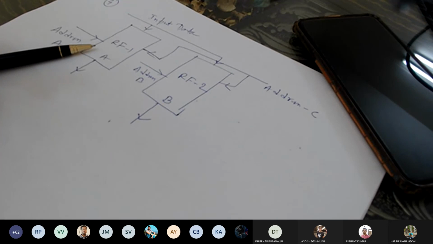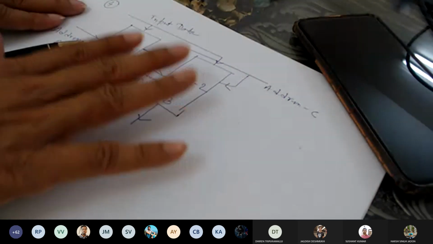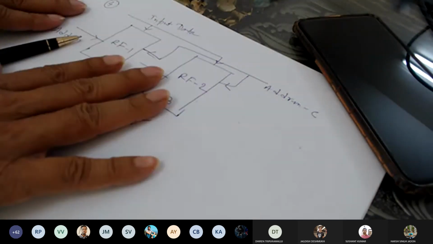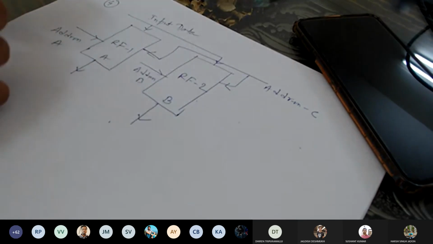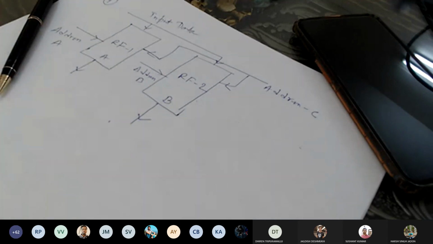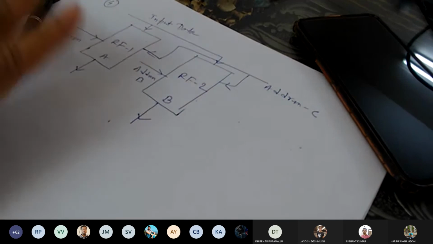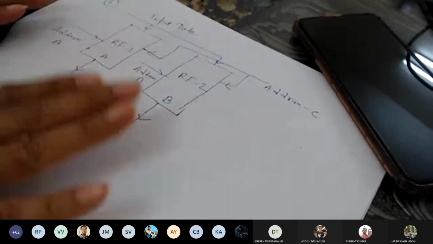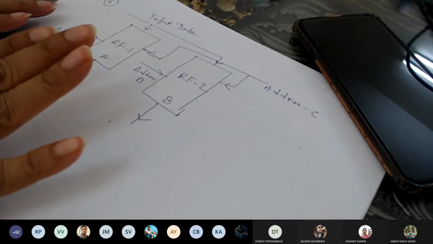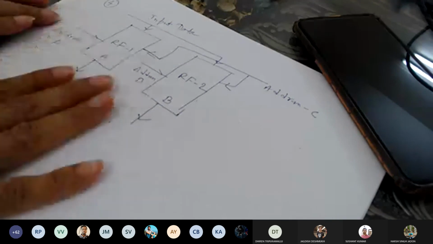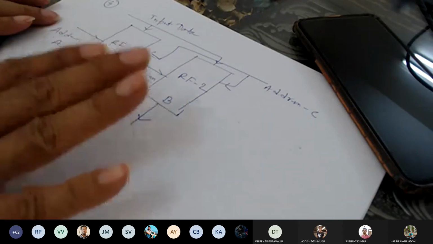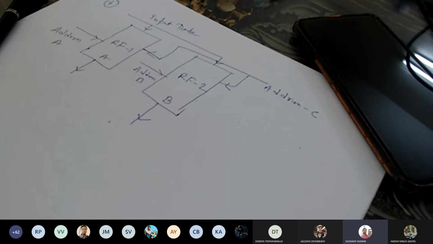So this is one register file organization. The other one I have already shown. So depending on which one you find comfortable and which one requires least hardware. But my primary objective is I need both the values to be available at the same time to the input of the arithmetic logic unit. Sir, last one would be less costly, right?